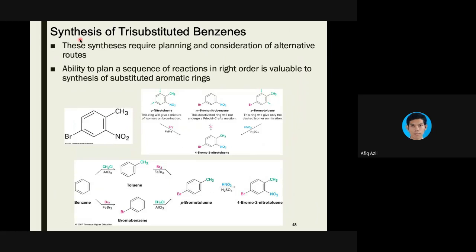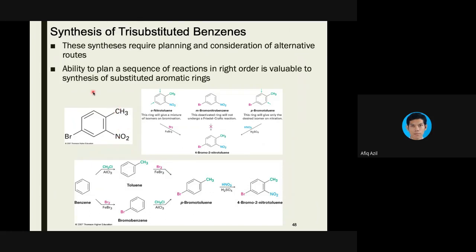Some of the drugs that we have seen as examples earlier in the first few slides of the unit. There are some examples of drugs, okay, which are benzene derivatives. So all of these drugs need to be synthesized. So how they are synthesized is based on where to replace the substituents.